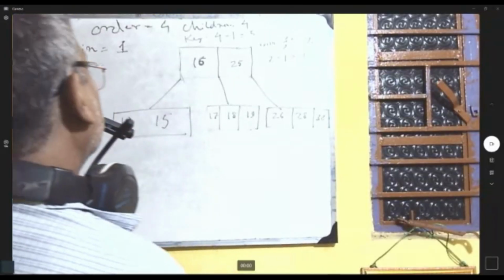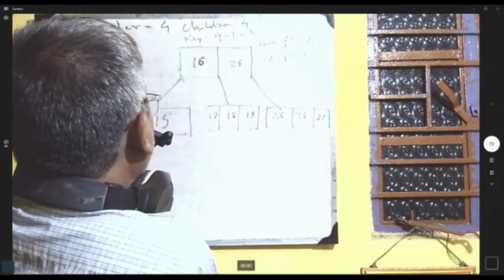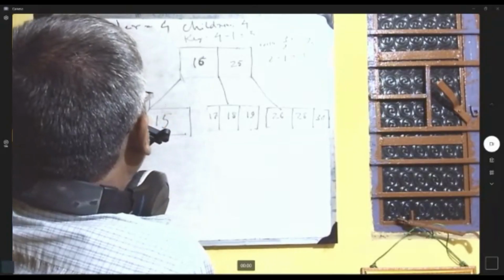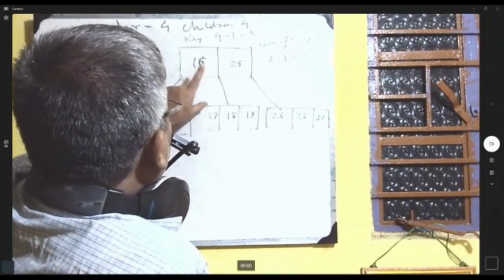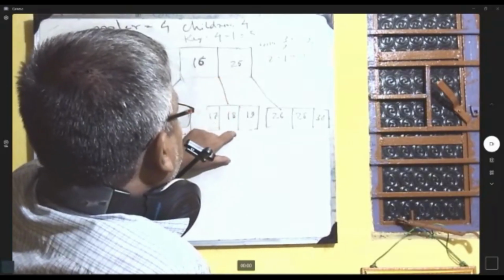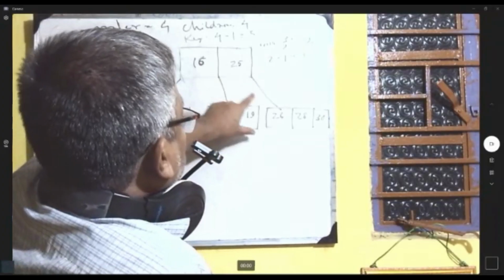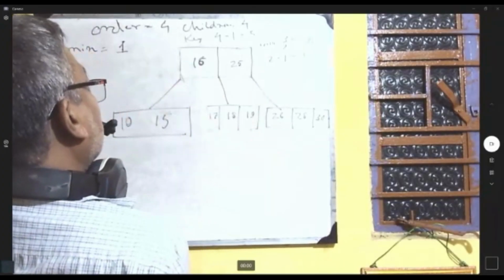This is the position now after deleting one node and merging. 10, 15 is less than 16, and this portion is greater than 16, and this is the left node of 25. Also it is a lesser value, and also a greater value than 25.